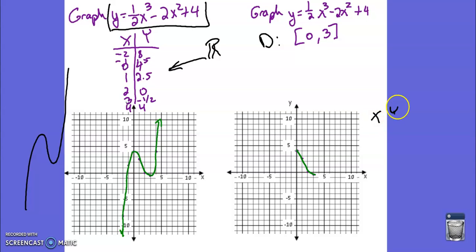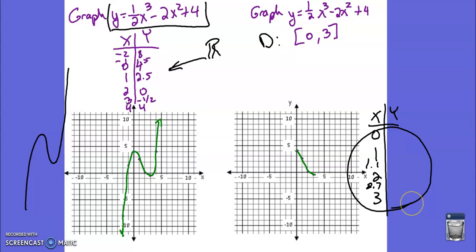So the XY chart would include 0, 1, 2, 3, and any number in between. Don't forget, you can plug in 1.1 or 2.7, any numbers between 0 and 3. You don't have to just plug in the nice numbers. Then you find the y values, and then you graph that.